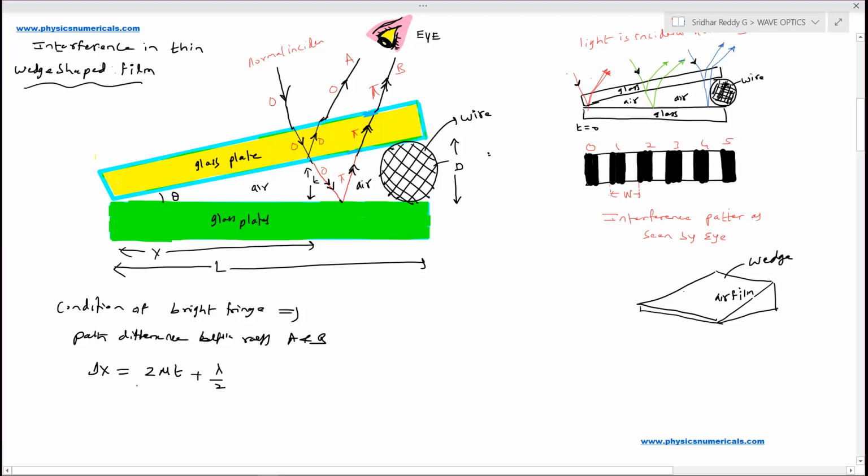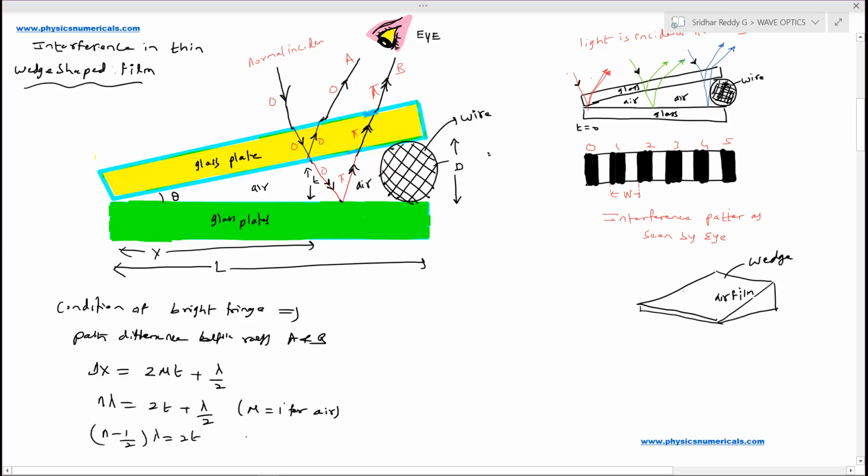Then we are searching for maxima, and mu equal to 1 for air. So this will become (2n minus 1) by 2 lambda equal to 2t.